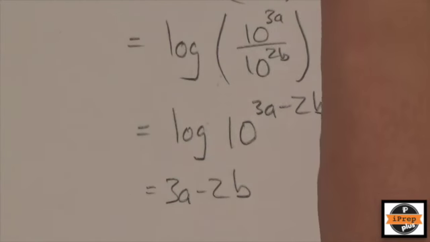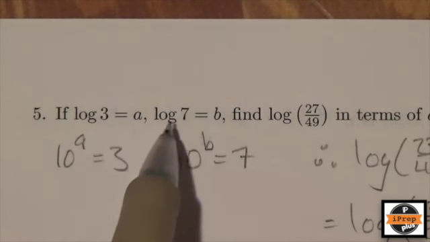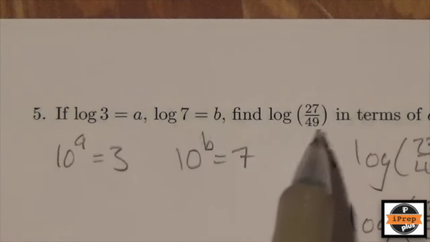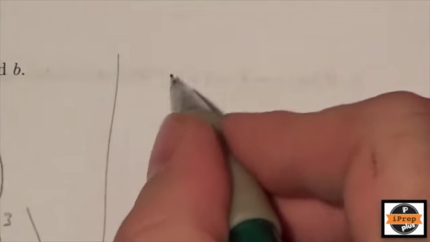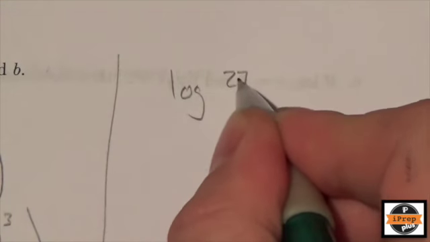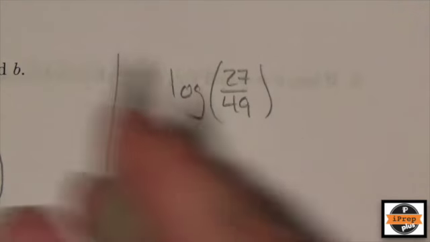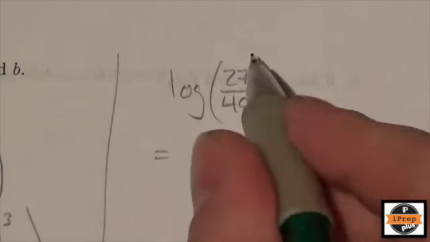That's one way of doing it. Another way is to go back up here and recognize that the common log of 3 is a and the common log of 7 is equal to b. I can start to tear this apart using the log laws. Depending on where you're at in the course, you may or may not be familiar with these, and it doesn't really matter, since there's the previous way I approached this.